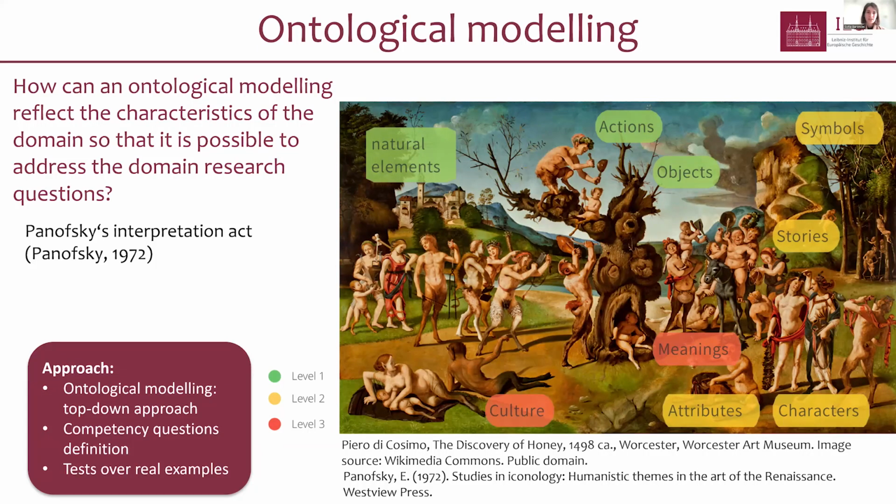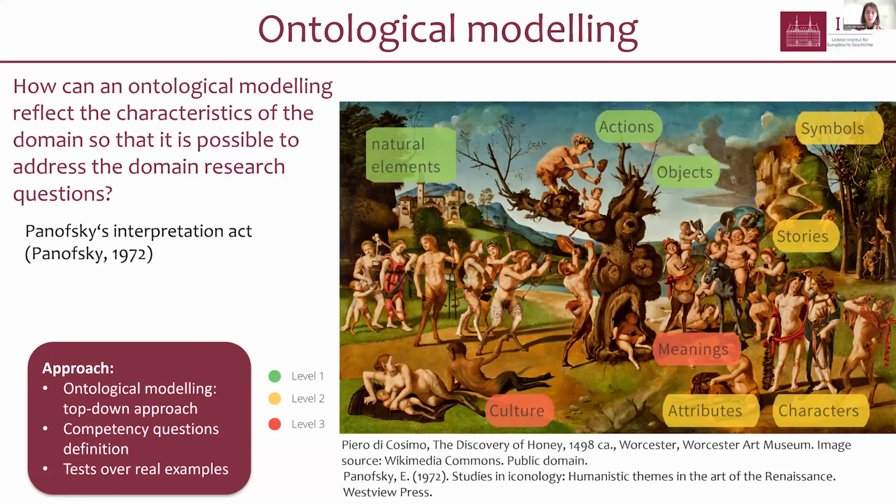His interpretation act's basic feature is that he divides the interpretation act into 3 levels of understanding, going from a more superficial one to a deeper one. In the first level of understanding, things, for example, objects, actions, natural elements are recognized.